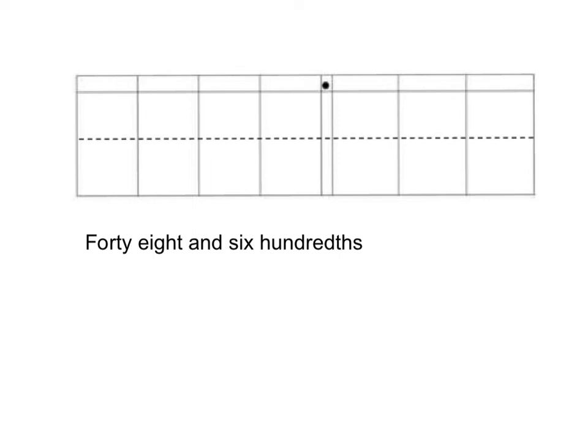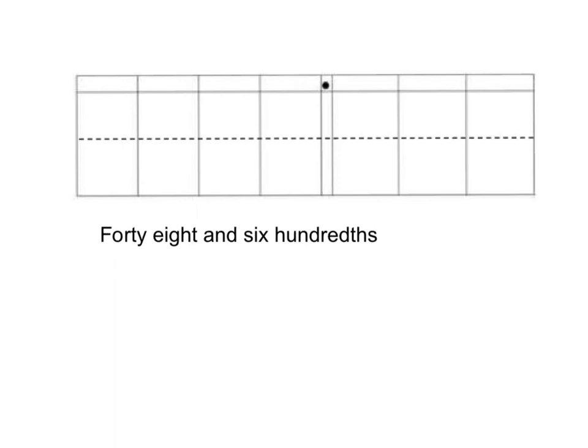So I have 48 and, so there's my decimal point, 48, and now it's 6 hundredths. It's tempting to put the 6 right here. That's 6/10. And even if I added a 0 here, that's 60 hundredths.